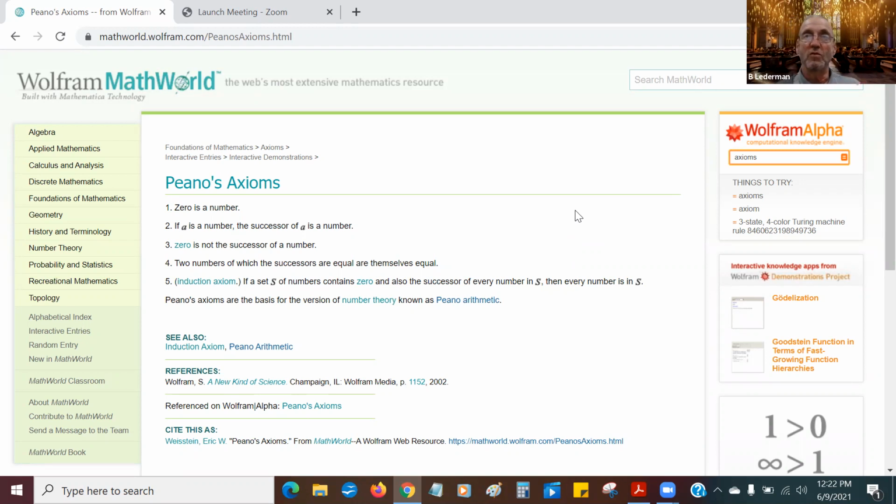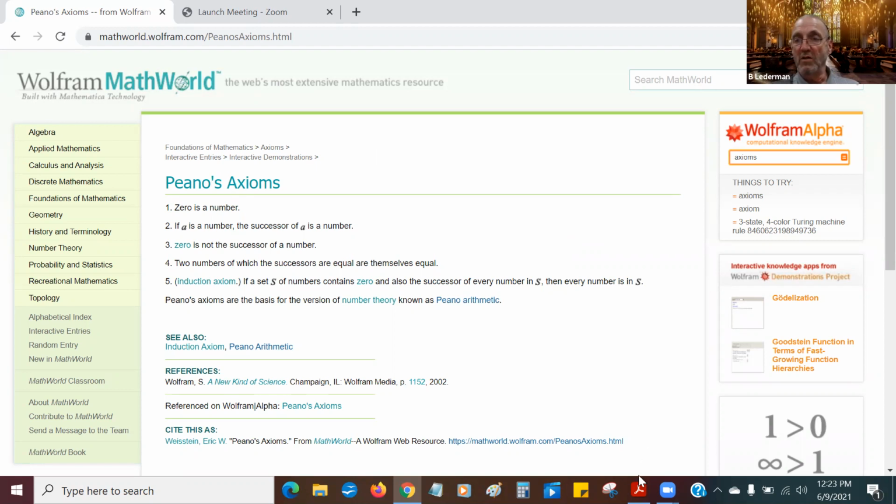If it has one, then it has to have two, because two is next, and so on and so forth. You wind up having the entire set of positive integers, and that's actually called induction. We use induction a lot to prove stuff, and that is the famous Peano axioms.